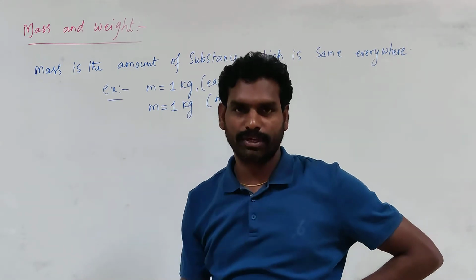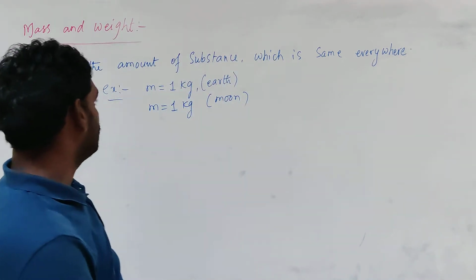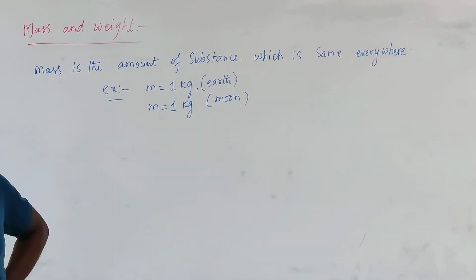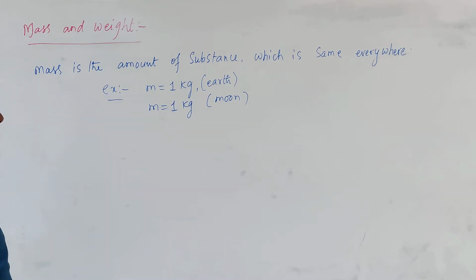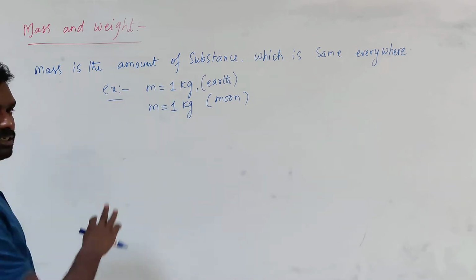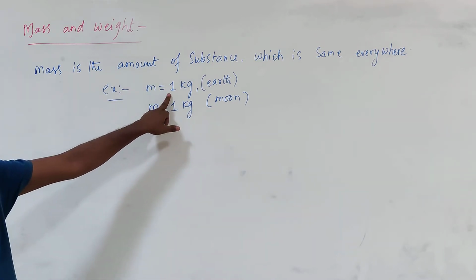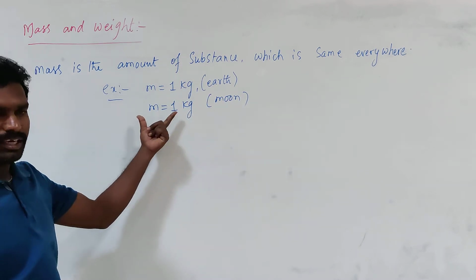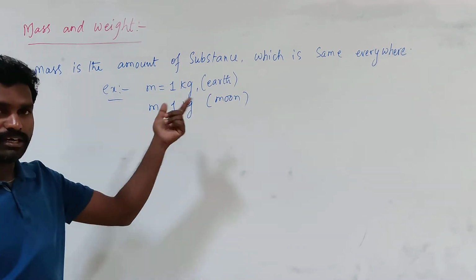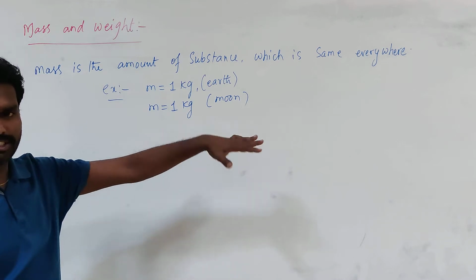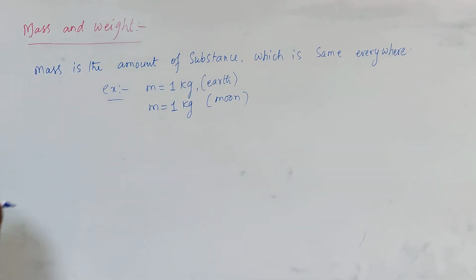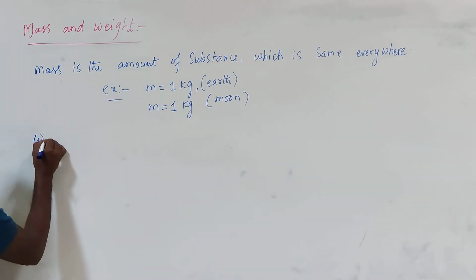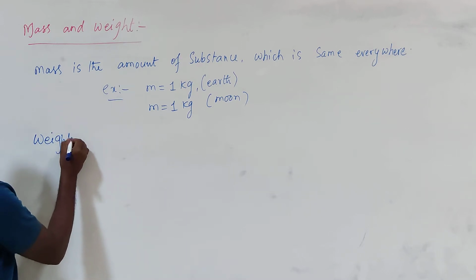So mass is the same everywhere. If we take the mass away to Pluto or Mars or the moon, anywhere the mass is the same, which is always 1 kg. If it is taken onto Mars, again the mass of the object is still the same and equal to 1 kg. And now here we are going to discuss weight.